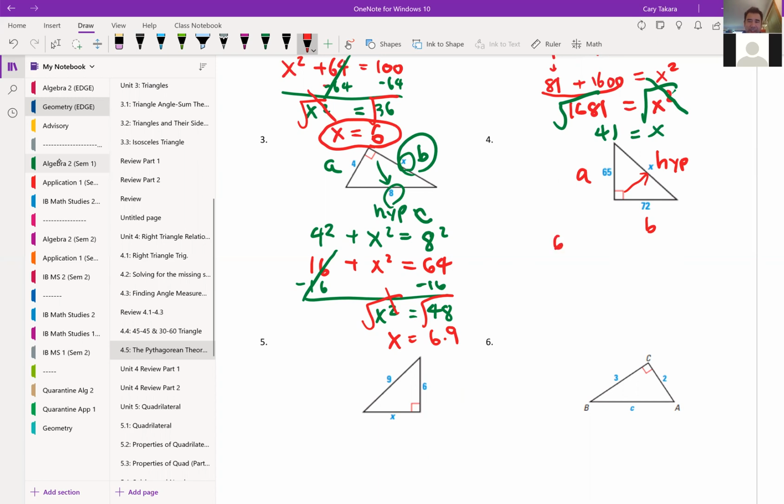So we've got 65 squared plus 72 squared. That's gonna be equal to x squared. Do you have that first? Now, let's see. What's 65 squared? That's 4,225. And 72 squared is 5,184.